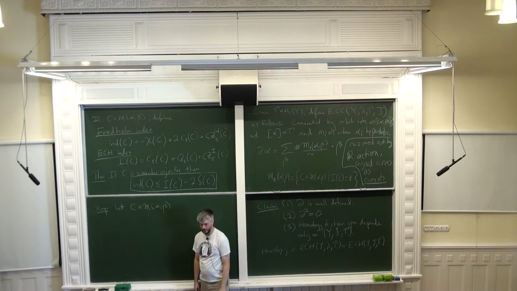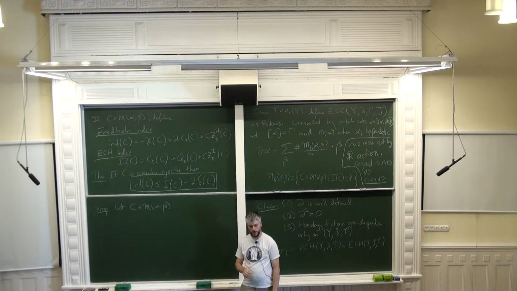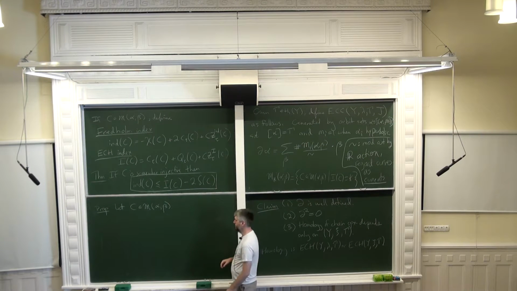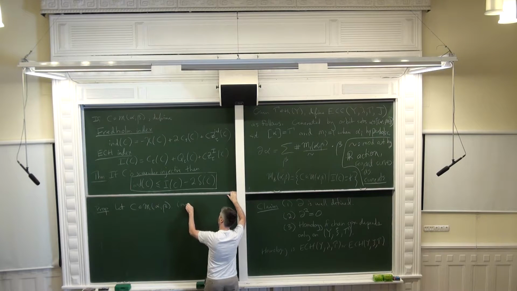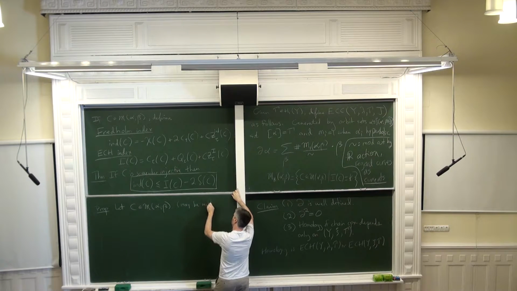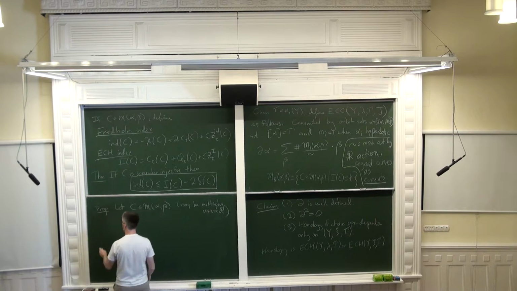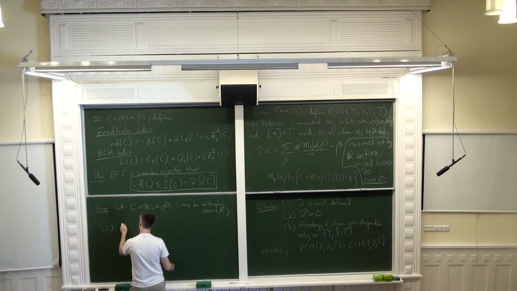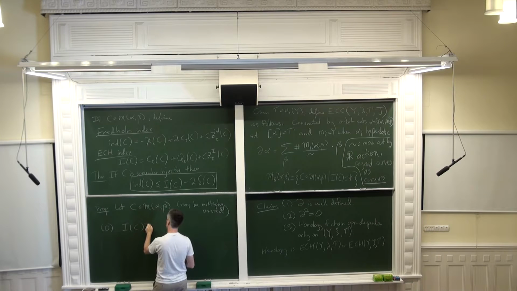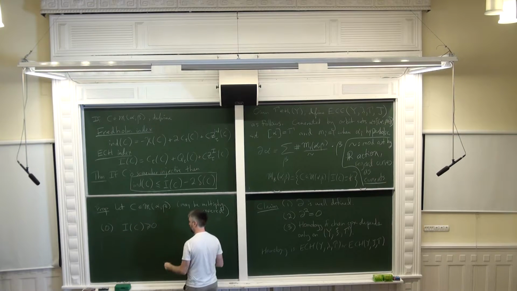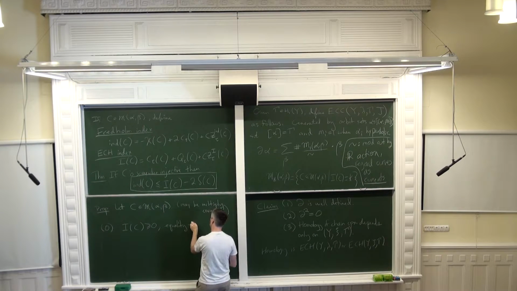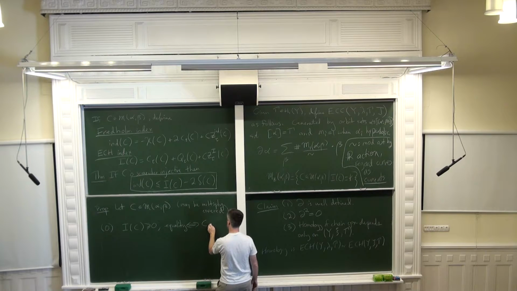So let's see, any curve in M_{αβ}, and I'm not requiring this to be somewhere injective, so it may also be a cover. So the following hold. First of all, part 0 says that the ECH index of C is greater than or equal to 0, with equality if and only if C is a union.